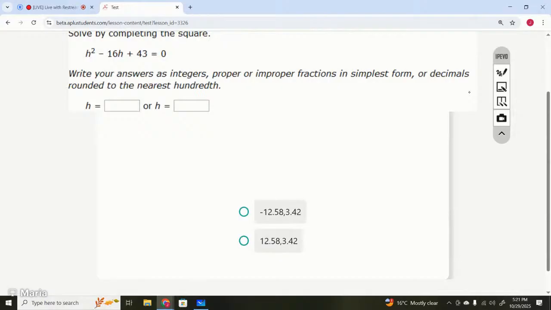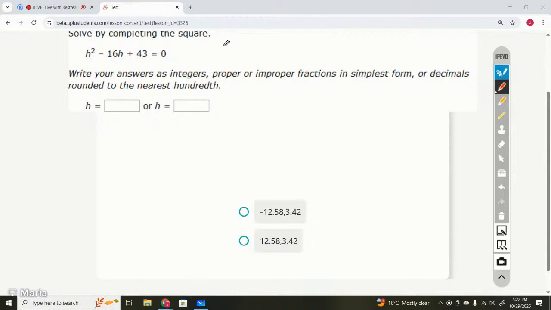h square minus 16h plus 43 equals 0. h square minus 16h equals 43.